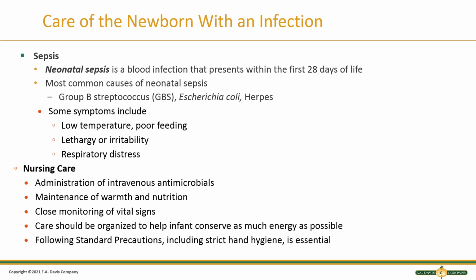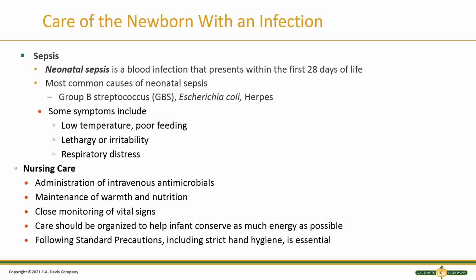Now, chemicals released into the blood help fight the infection and cause inflammation over the entire body of a newborn. So remember that the newborn's immature immune system is unable to fight against severe infection before it becomes systemic. So we have to watch. A lot of times you can't really tell that the baby has an infection.